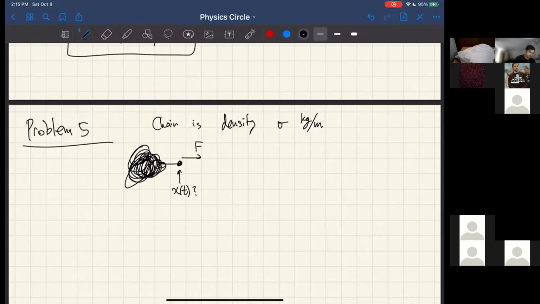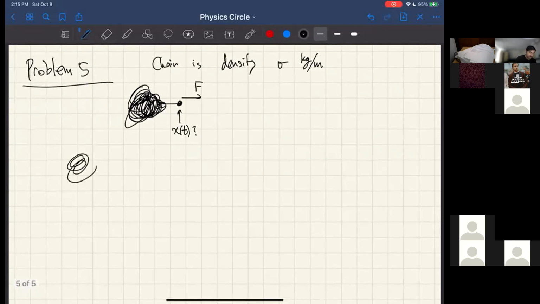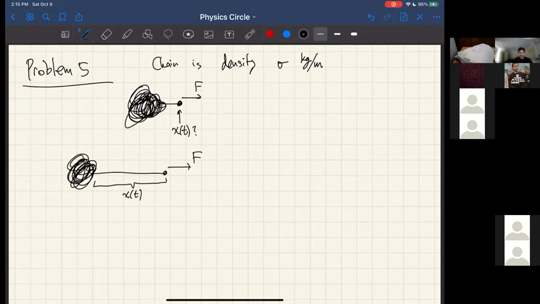So let's think about this problem. At a time t, what is happening is that you have x(t) of the chain, you're pulling at F. So what's the object that you're pulling? You're pulling this much of the string.